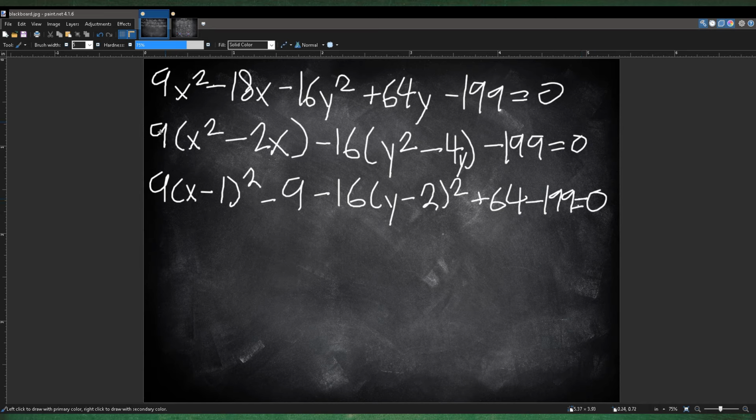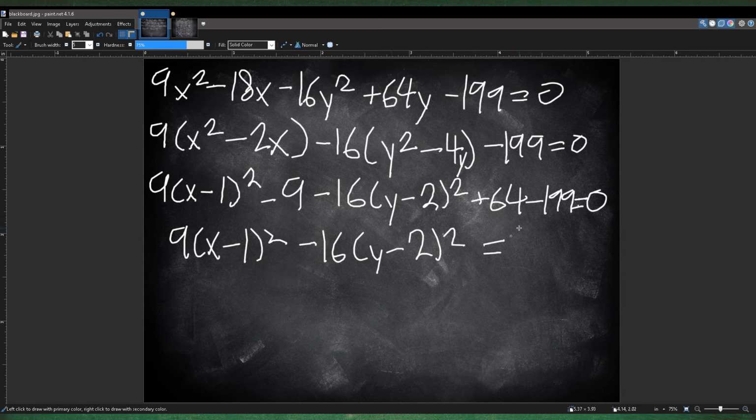Then move all the constants to the other side, so you get 9 times x minus 1 squared minus 16 times y minus 2 squared. So 199 plus 9 minus 64, using your calculator, 199 minus 64 plus 9 is 144. 9 divided by 144 is 1 over 16.